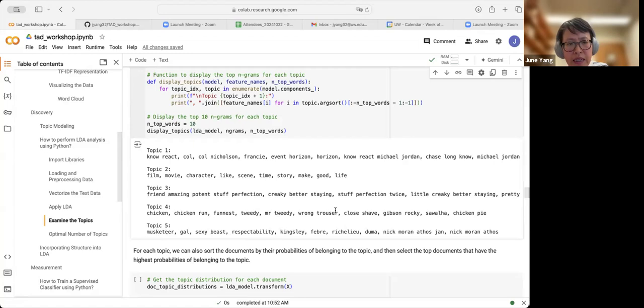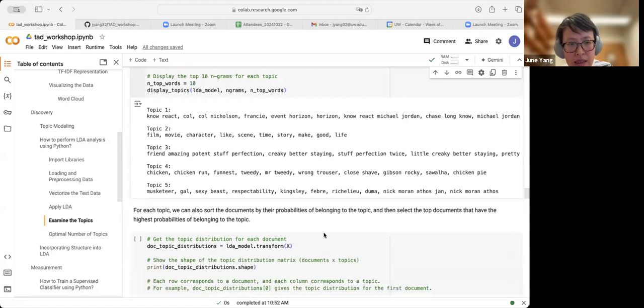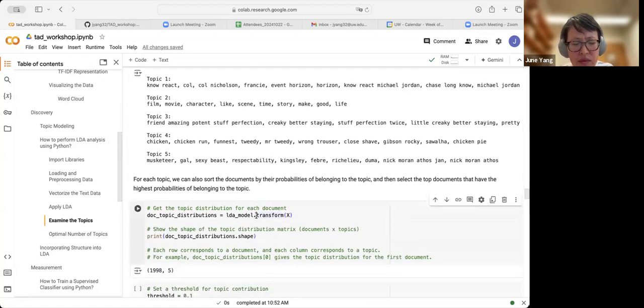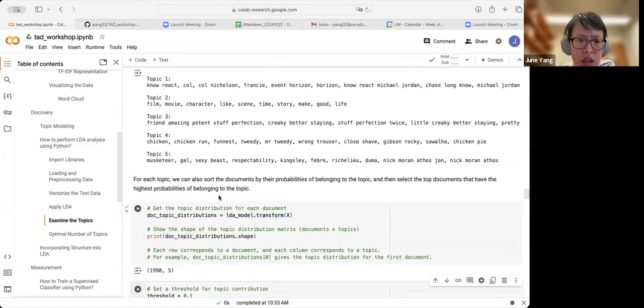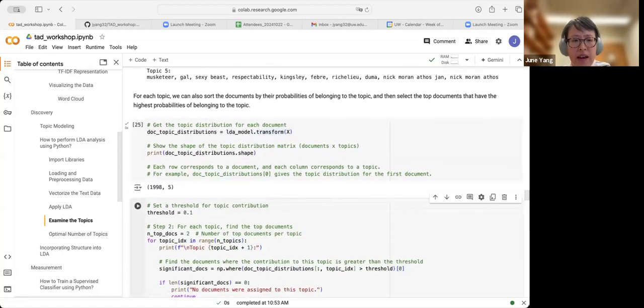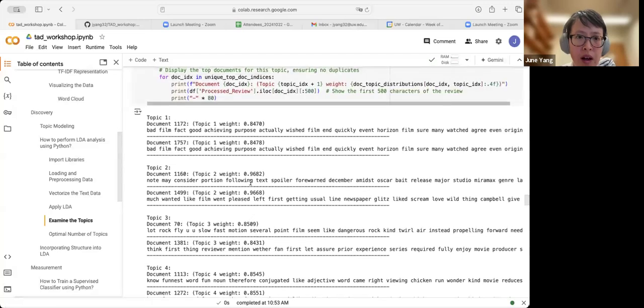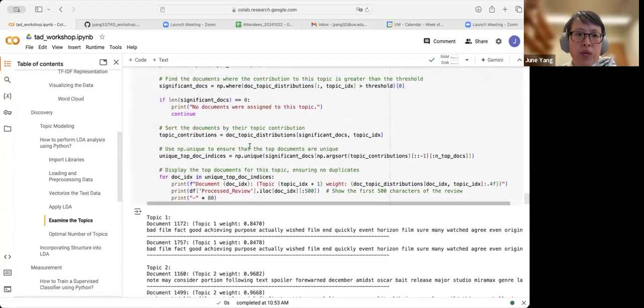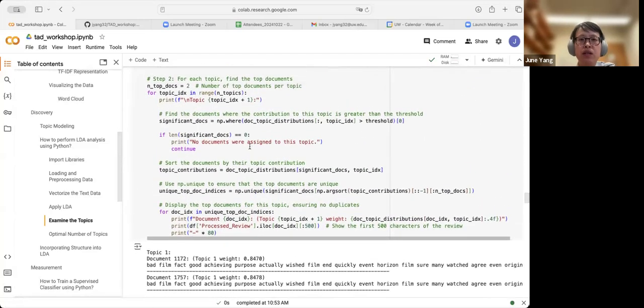So the next step is really to look at the actual documents that have a high probability of belonging to each topic. When we try to interpret the results of topic modeling, or the results of any of our discoveries, you can think of the method as relying on a spectrum, right? On one side of the spectrum, we only rely on the model results.